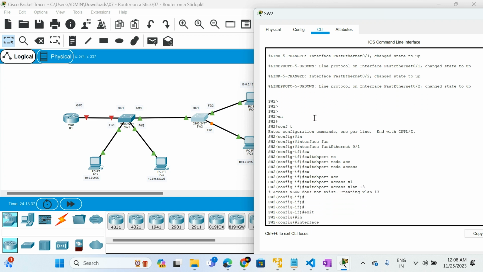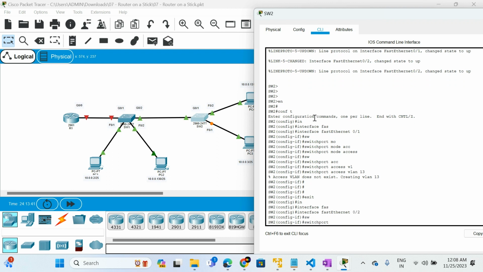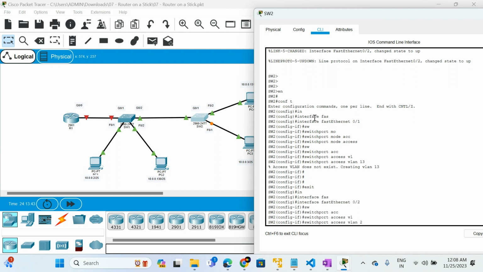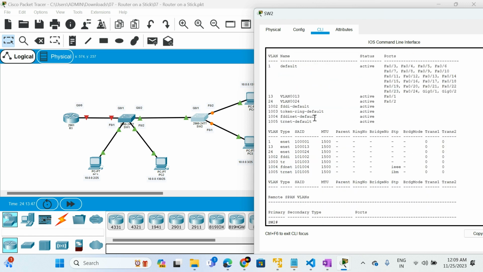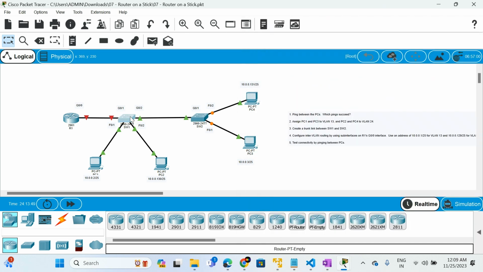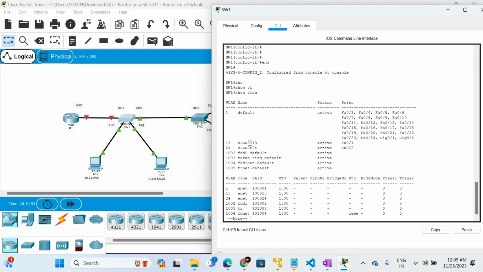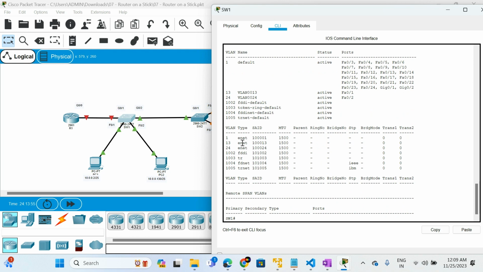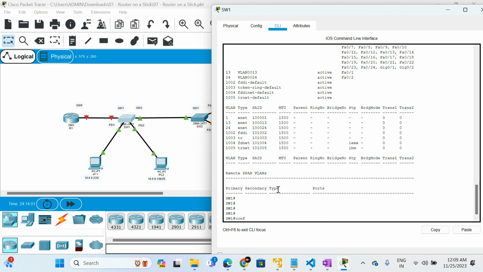Then interface fast ethernet 0/2, switchport access VLAN 24. So we created two different VLANs on both the switches. Show VLAN: I can see that the VLANs are configured on both switches and mapped to the respective interfaces.